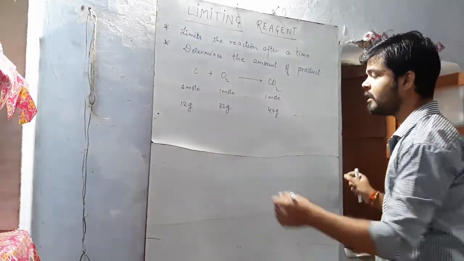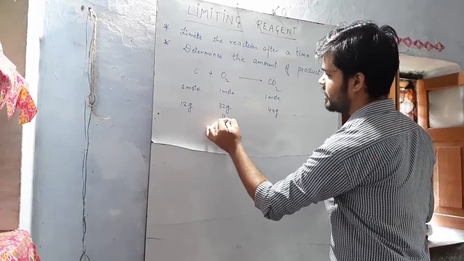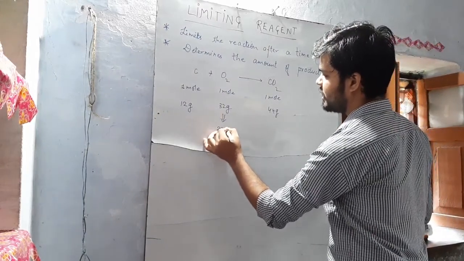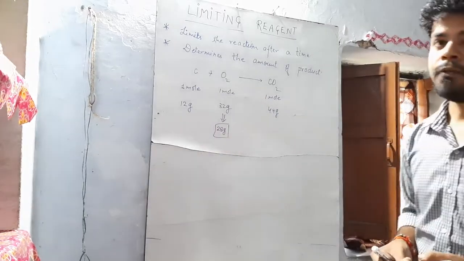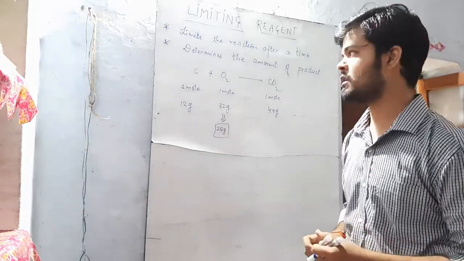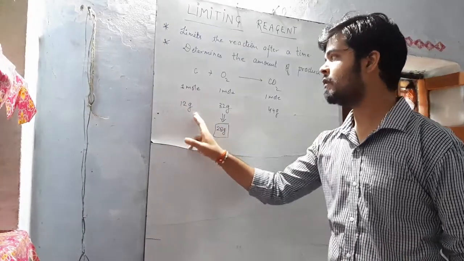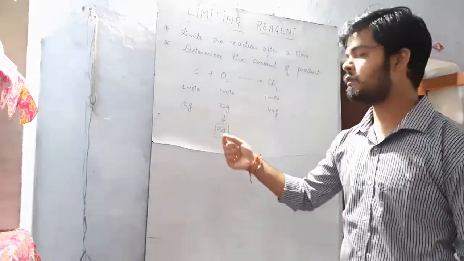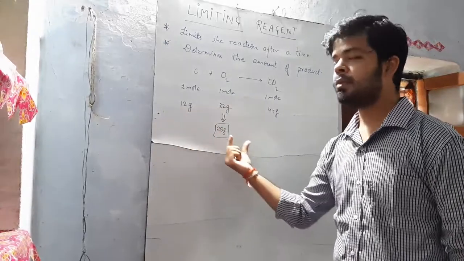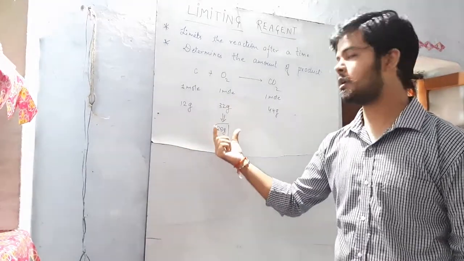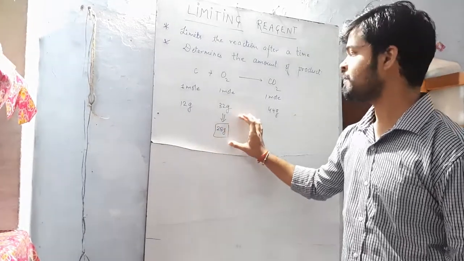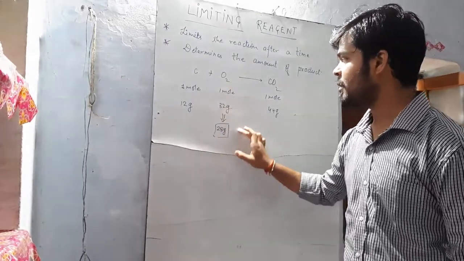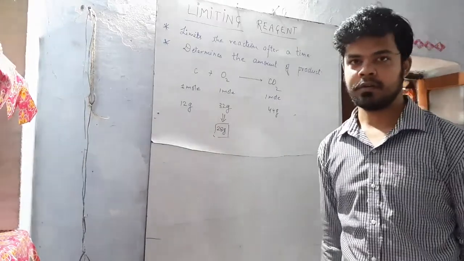Now suppose what will happen if we have 28 grams of oxygen to react with 12 gram of carbon? The reaction will not complete itself, and before completing itself, it will stop automatically due to the lack of oxygen.